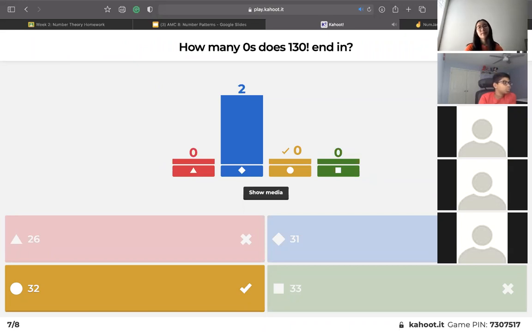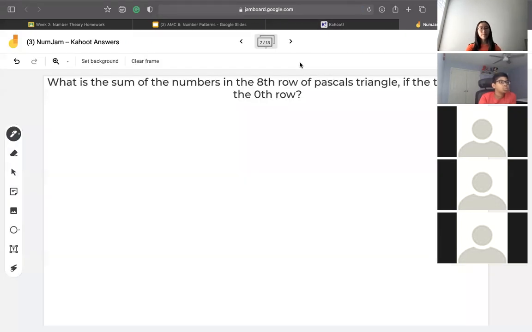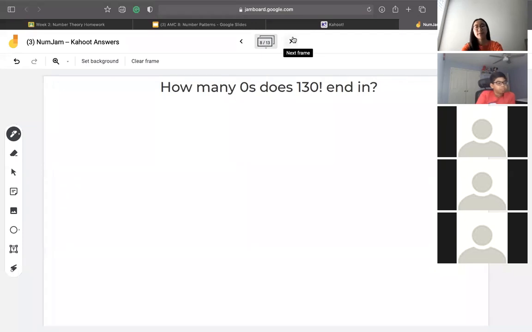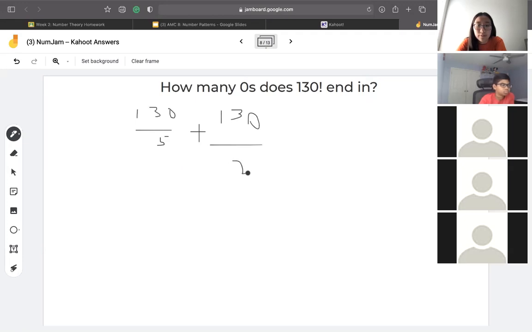The strategy here is to find the number of fives in the prime factorization. And to do that, we have our trick where we just do 130 divided by 5 plus 130 divided by 25 plus 130 divided by 125.